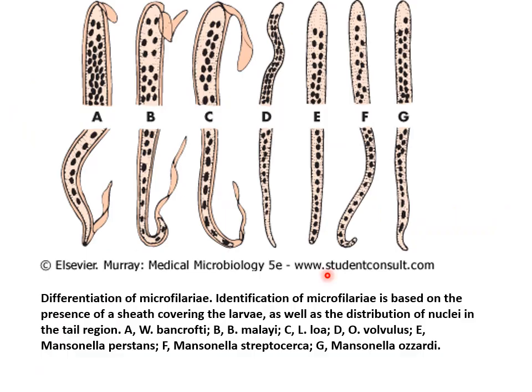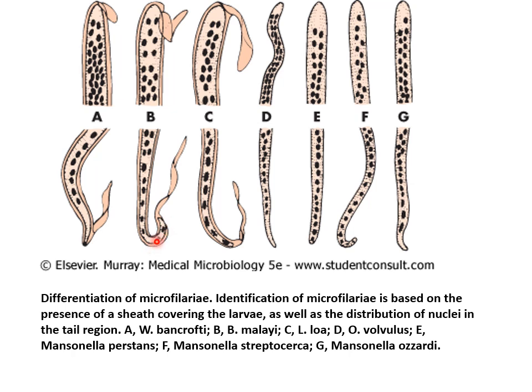And I will finish on this slide just as a reminder that not all filariae have sheathed microfilariae. The first three, A, B, and C, are sheathed. These correspond to Wuchereria bancrofti, where the end of the microfilaria is devoid of nuclei.